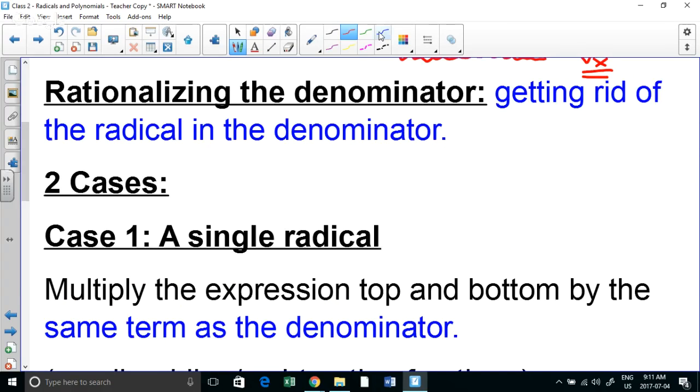So rationalizing the denominator is basically a way of getting rid of the radical at the bottom. So there are two different cases. A single radical at the bottom means that we have something like 2 over root x. And we want to get rid of this so that our final answer is in proper form.